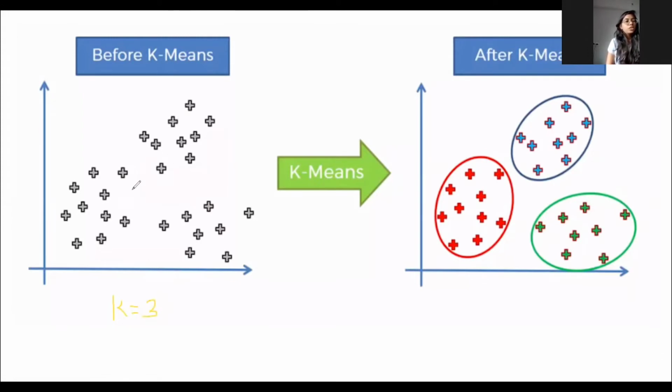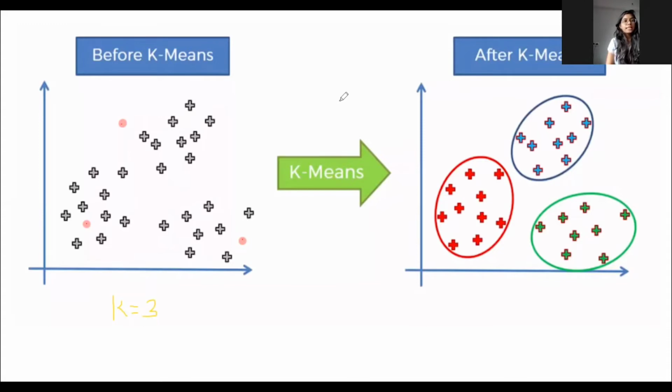The first step of the K-means algorithm is that it is going to randomly select K points in the data. So this is our K, the randomly selected K points.